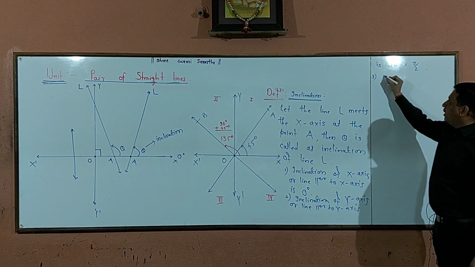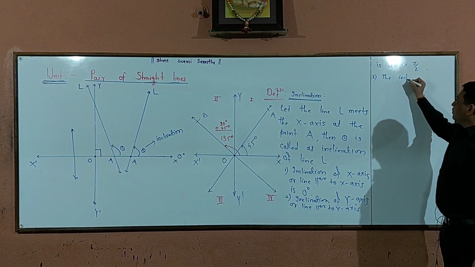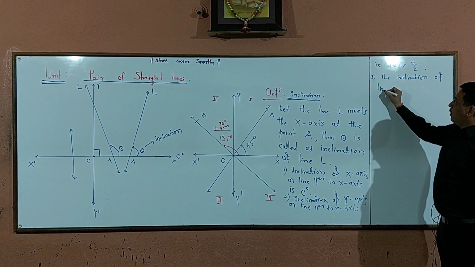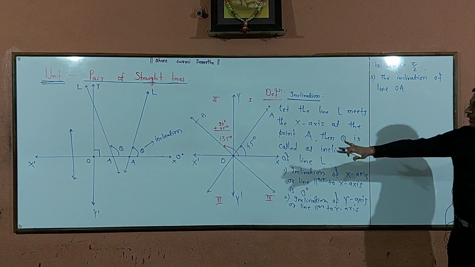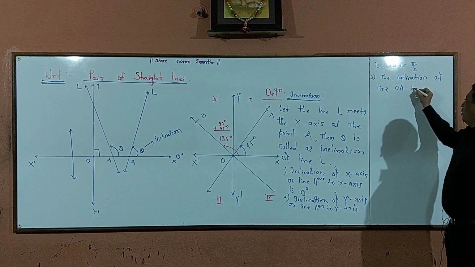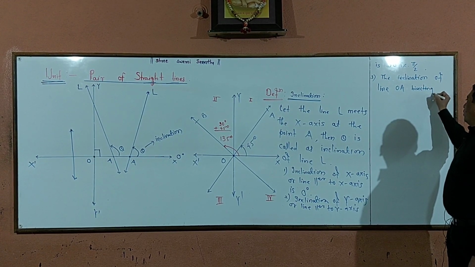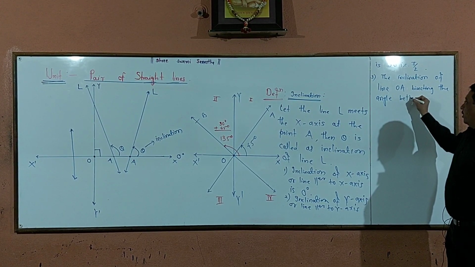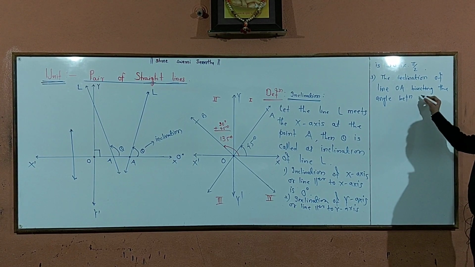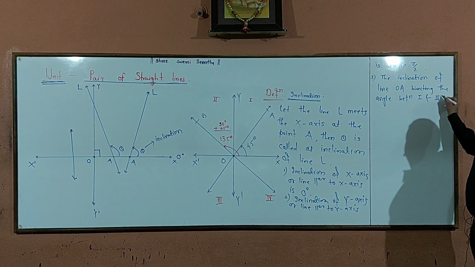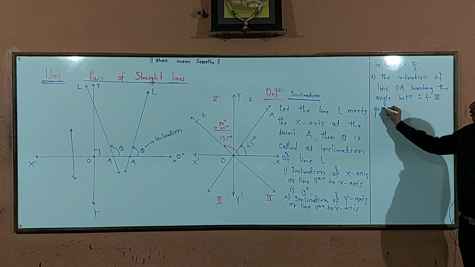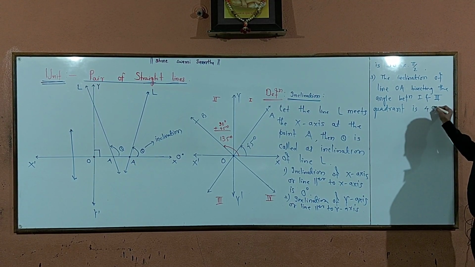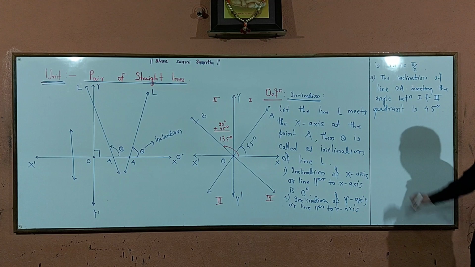Then third, the inclination of the line OA bisecting the angle between the first and third quadrant is 45 degree.